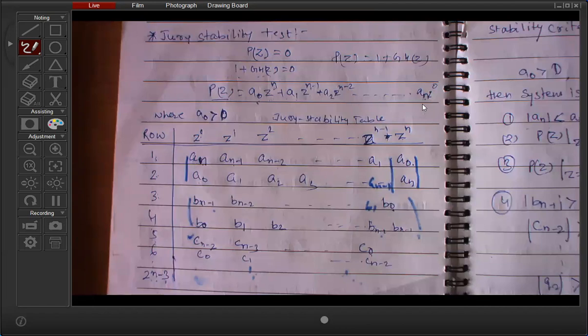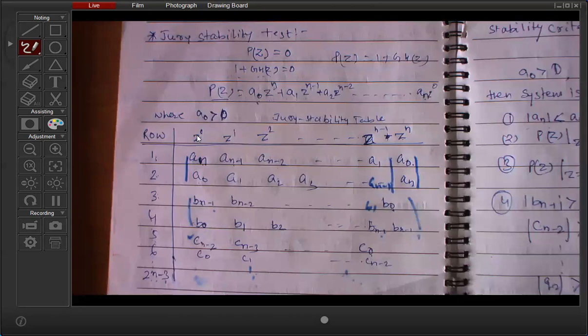After that, you have to make one Jury stability table. First, in the first row, write down the powers of z, starting from z to the power 0, z to the power 1, z to the power 2, up to z to the power n. Then in the first row write down their coefficients.